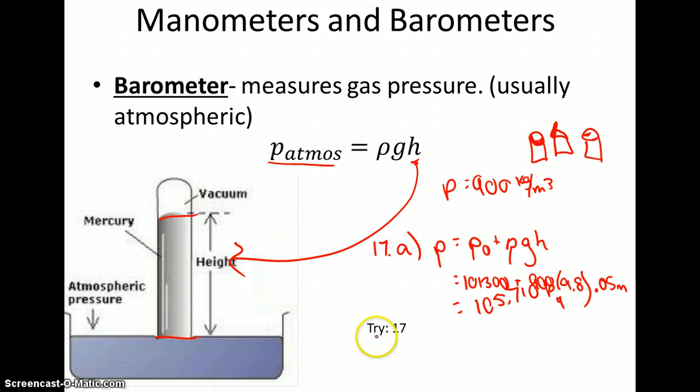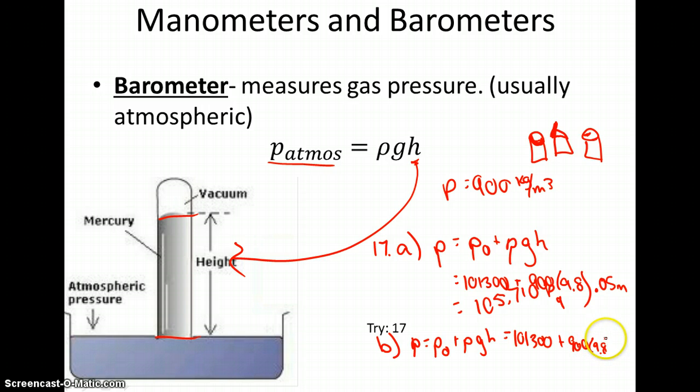If I want to then know the pressure at point B, and I know B and C are the same because they're at the same depth, then I can use that same formula to find it. And so pressure equals the initial pressure plus density, gravity, height. I'm going to do the same thing, 101,300 kilopascals at that pressure. Oil is still 900 for the density.